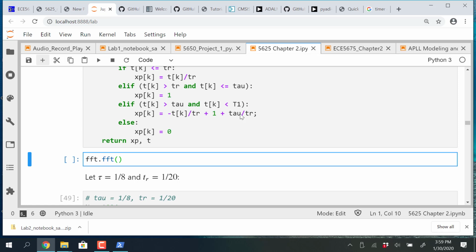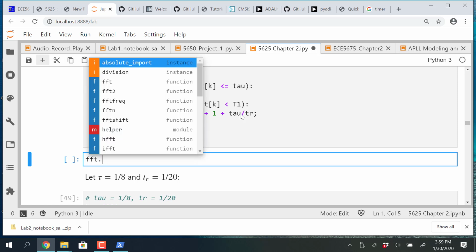I'm also showing you how it's a little bit different to access than it would be in MATLAB. In MATLAB, you just type fft and you get access to it. Here you have to go into a submodule with the dot operator, saying it's the submodule fft, and then its functions inside of it. And when you do something like that, it's kind of nice that when you type the dot, you can hit the tab key and see what all the different functions are in the module.